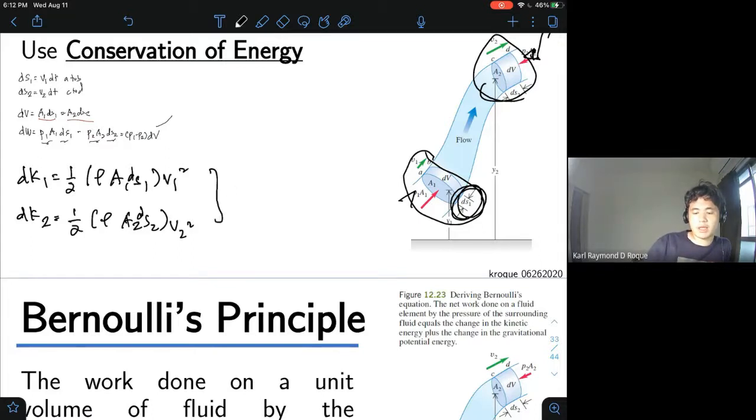So all in all, dK equals 1/2 rho dV times (v2 squared minus v1 squared).